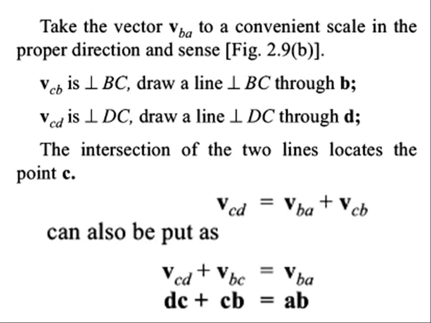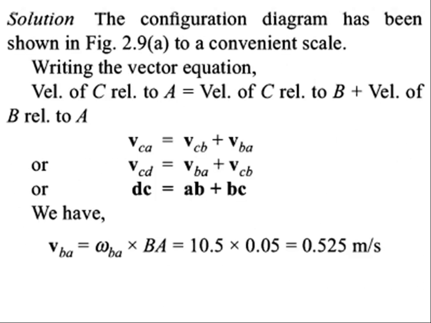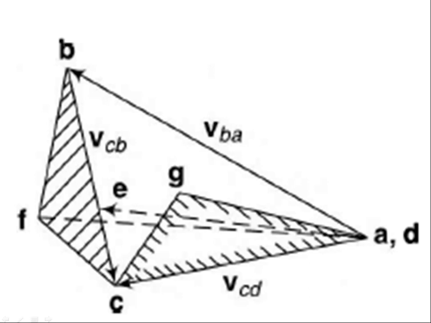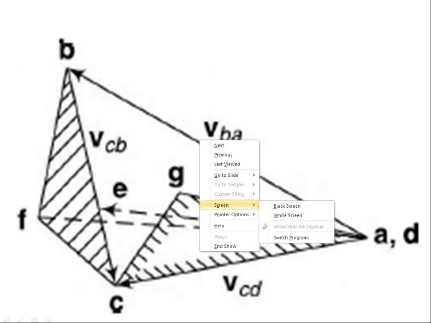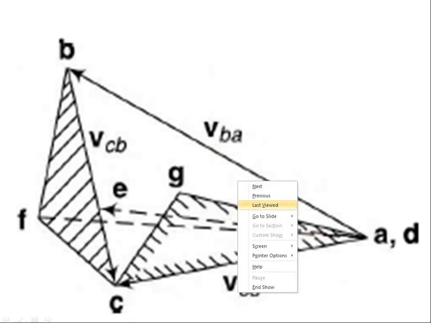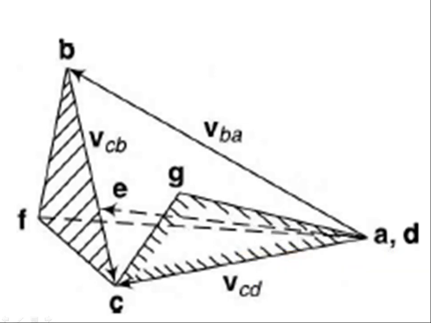So let us take this. So this will be the velocity diagram. Okay, so it starts from point A. So first you need to mark the line A to B, that is VBA. So this length, A to B, will be VBA.